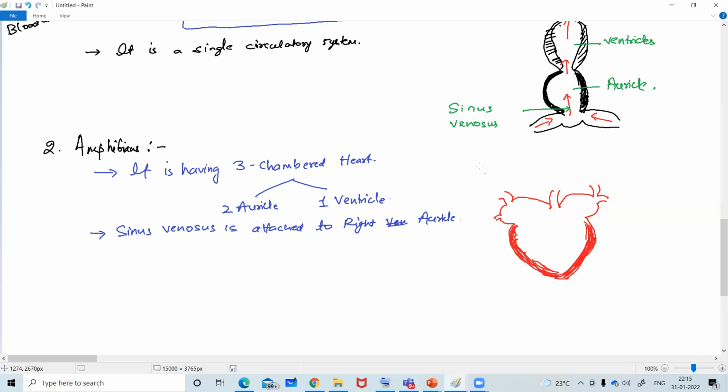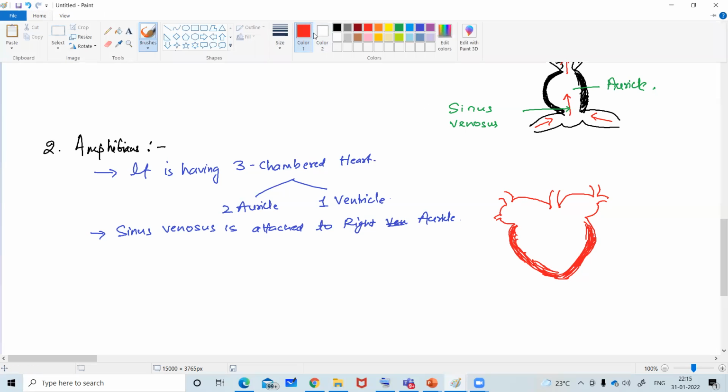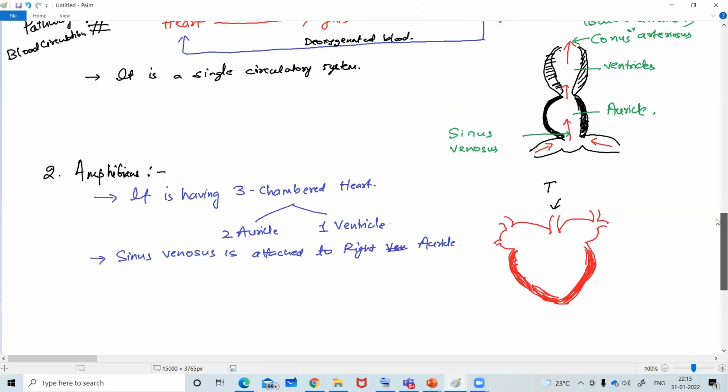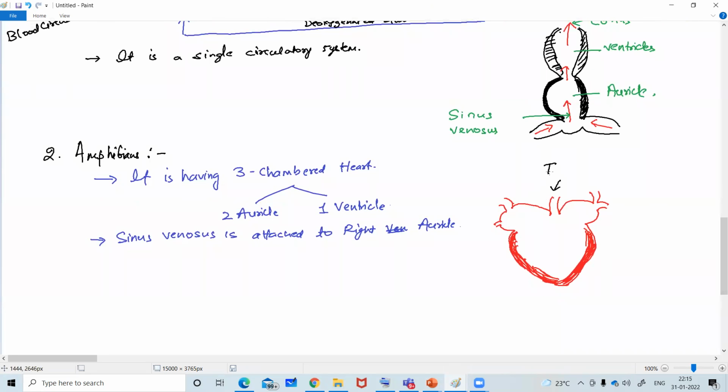Right? So if you have to label the parts, you can say that this middle one is called truncus arteriosus, also called bulbous. This one, the top one, conus arteriosus. So there is one more name called truncus arteriosus.